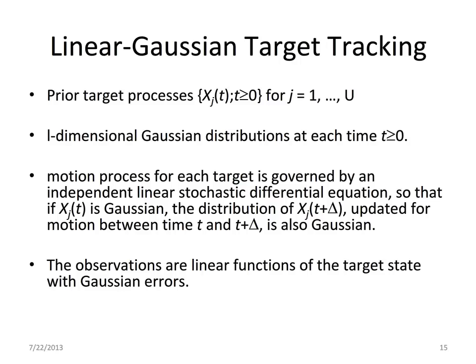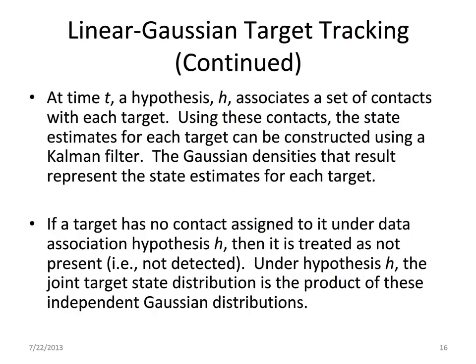If x sub j at a specific time is Gaussian, the distribution of that state at some future time, t plus delta t, updated for motion between that time and the time plus some delta, is also Gaussian. So basically the motion process for each target is a Gaussian process. The observations are linear functions of the target state with Gaussian errors. And those are the operational assumptions we'll use for this.